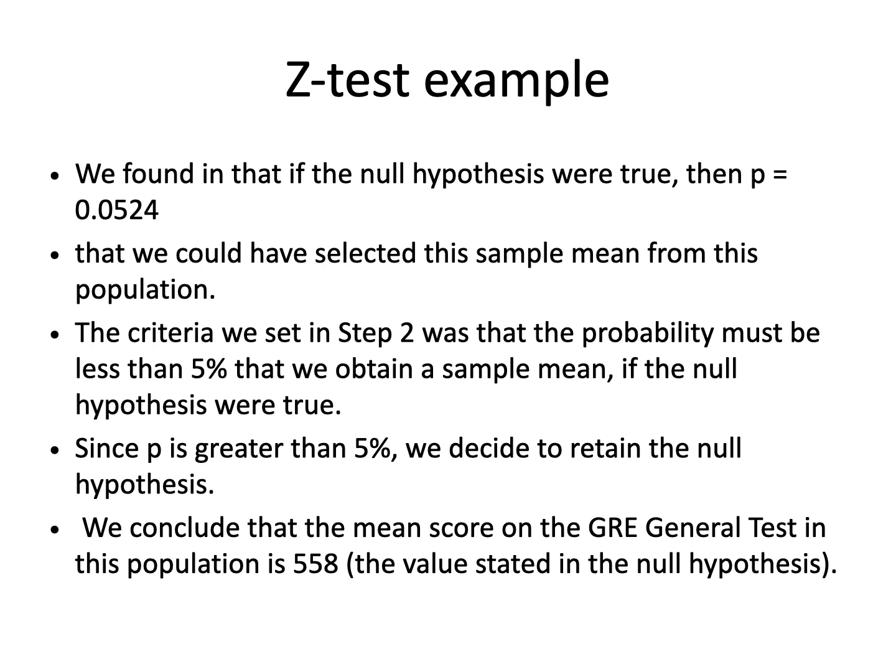As we set the criterion in step 2, the probability must be less than 5% that we obtain the sample mean if the null hypothesis were true. This p-value is greater than 5%, so we decide to retain the null hypothesis. That's why we conclude that the mean score of the GRE general test in this population is 558, which is the value stated in the null hypothesis.